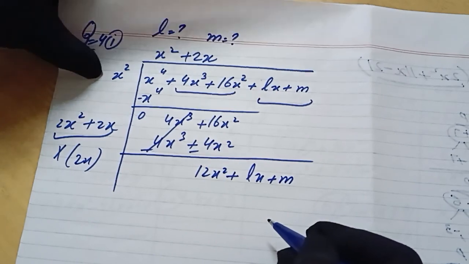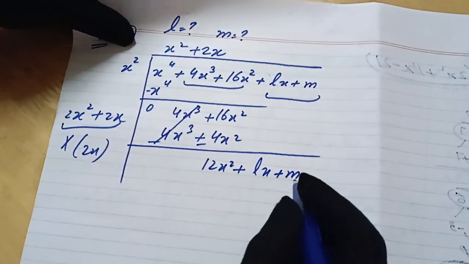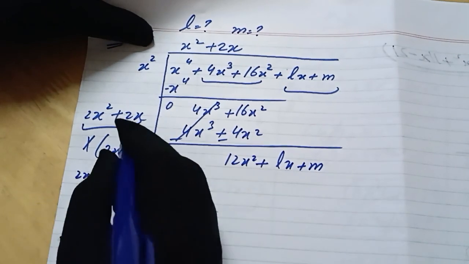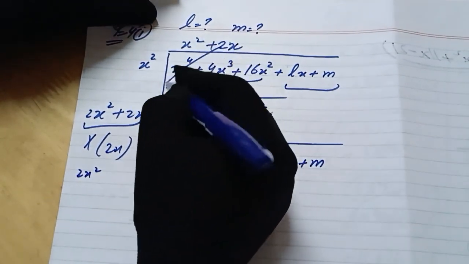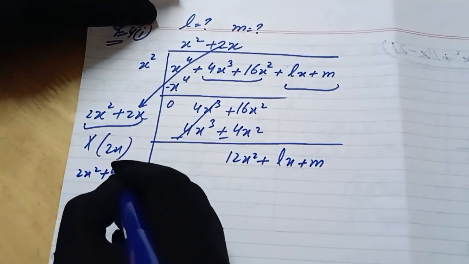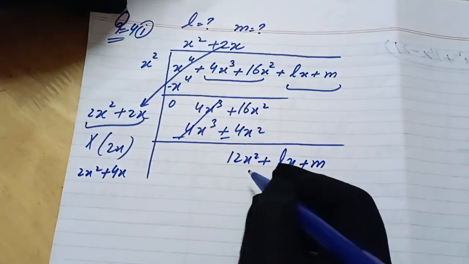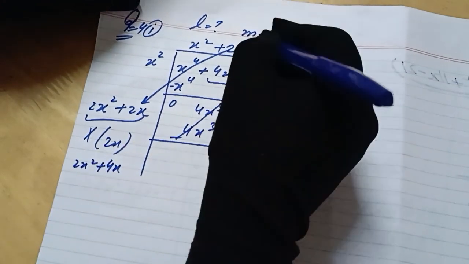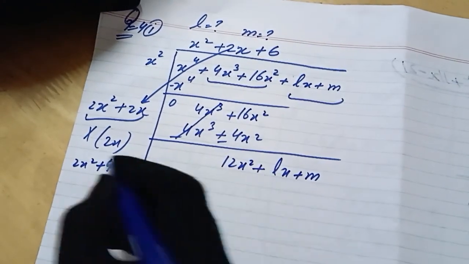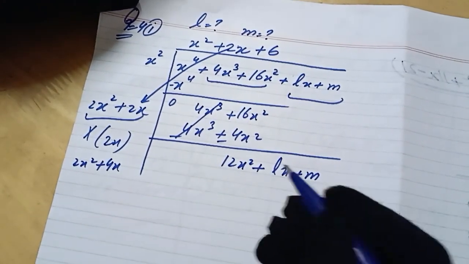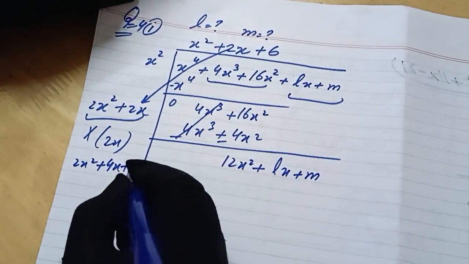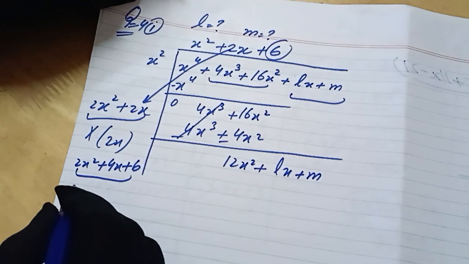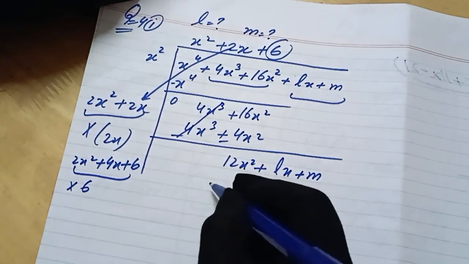Okay. Now the third term, in the third step, first term will remain as it is. Second term will be obtained by adding this to this, plus 4x. Third term you have to obtain by dividing first term by first term. So 12 divided by 2 is 6 answer. X square divided by x square, cancel. So this is plus 6. This term you will write here also and multiply this term with the complete divisor and write down over here.